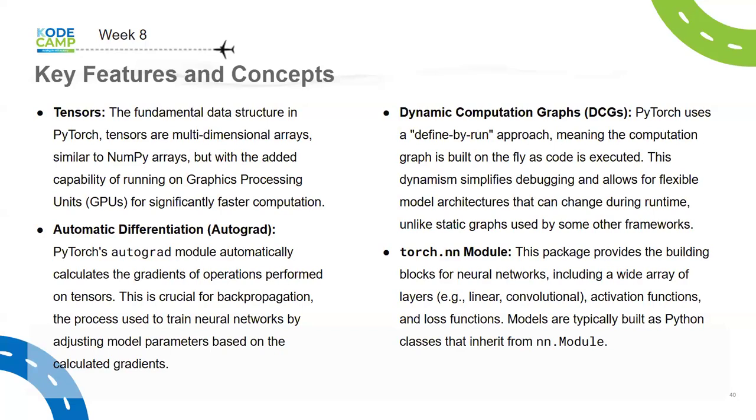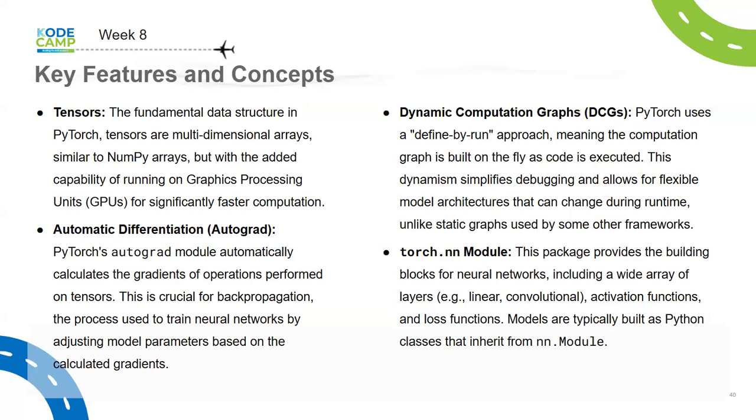So effectively, what this means is that you only need to do half of the work, which is to define the forward propagation. The backward propagation is part of your definition of the forward propagation, as long as you're using PyTorch's built-in functions to build up your forward propagation, right?